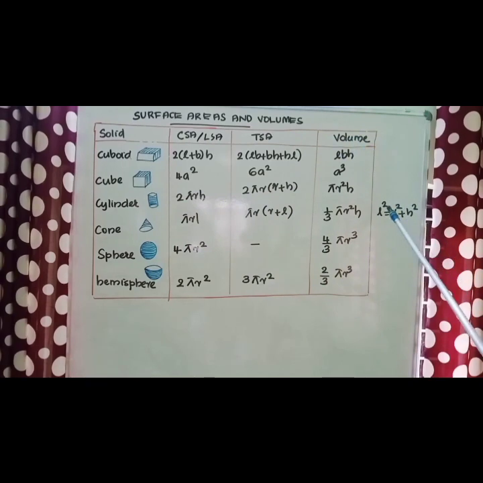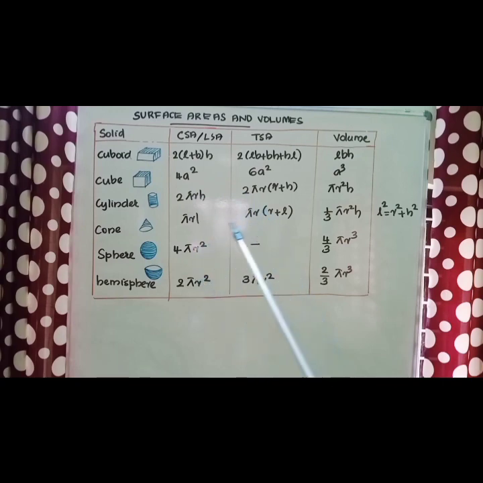And there is one formula to find out the slant height also. The formula is L² = R² + H². Find out this value and find the square root of it. We will get L. Then sphere has curved surface area and total surface area.